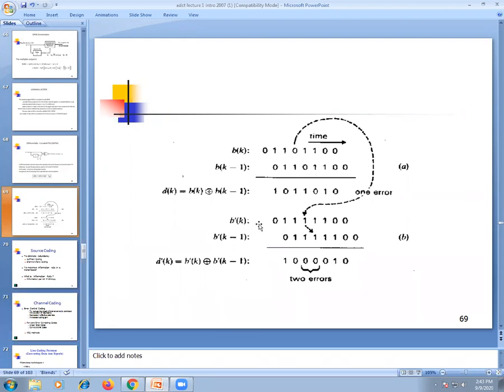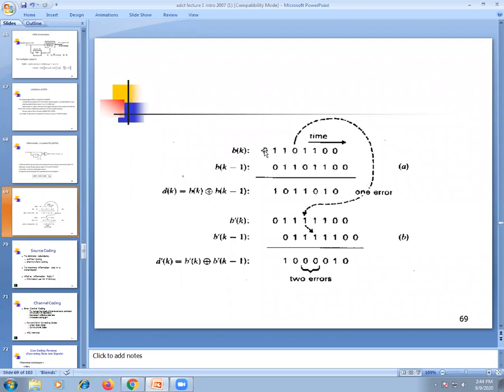As an example, let's take B of k equal to 0, 1, 1, 0, 1, 1, 0, 1, 1. Okay? 0, 1, 1, 0, 1, 1, 0, 0. It is statistical data taken. B of k minus 1 means the data delayed by 1 bit.